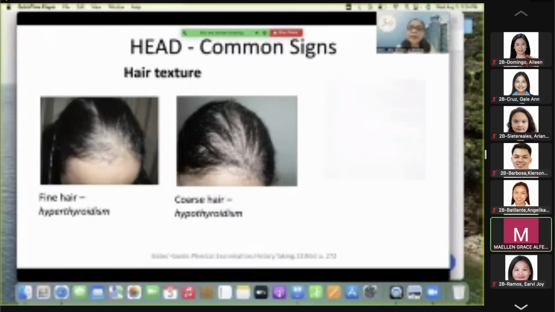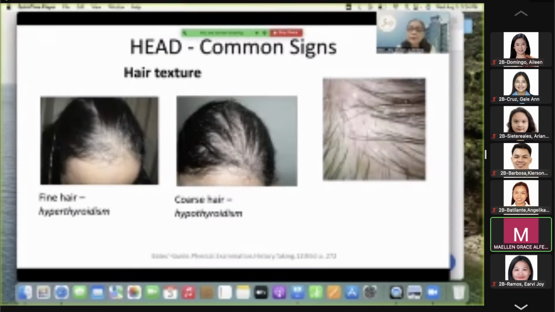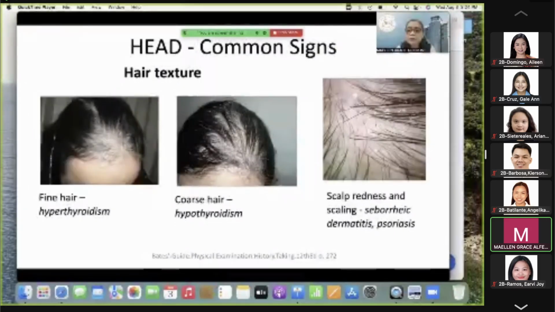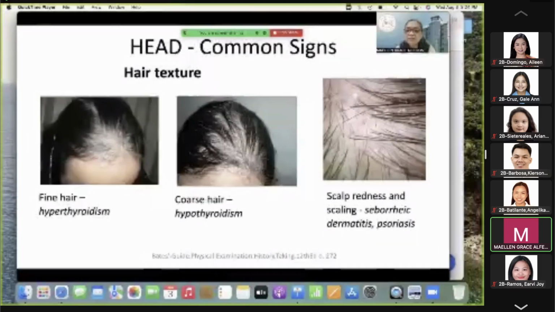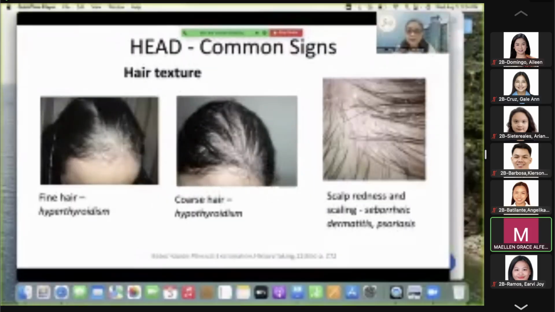Now, on examination of the hair and scalp, sometimes you can see scalp redness as seen in this picture. And there is also scaling as seen in seborrheic dermatitis. This redness and scaling is also seen in psoriasis, but usually there are plaques present.